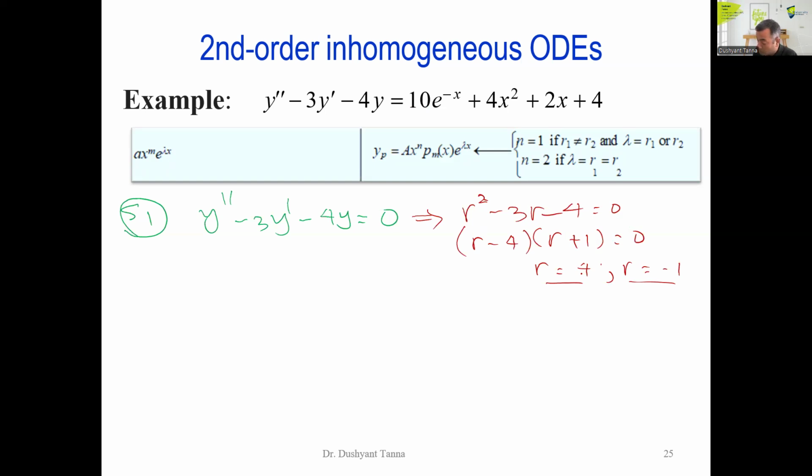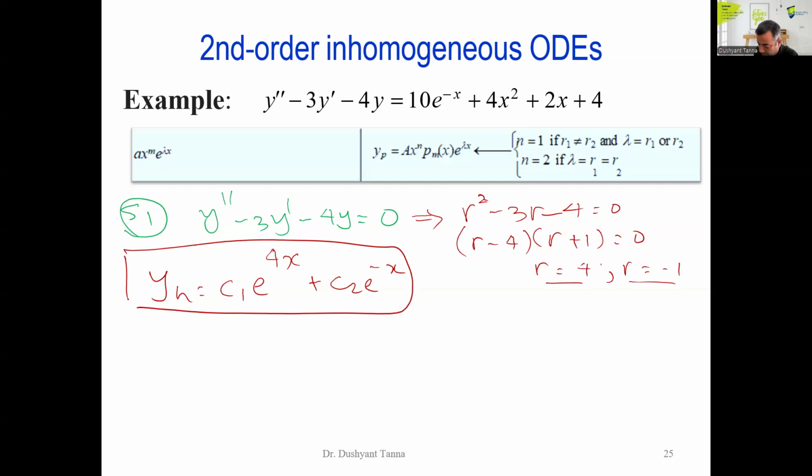Okay? So your YH, C1, e raised to 4x, doesn't matter if you set C1, C2, they are constants, so it's absolutely fine. Even if you swap them, doesn't affect your answer here. C2 e raised to minus x, and lock it in. At least some marks for doing this step.